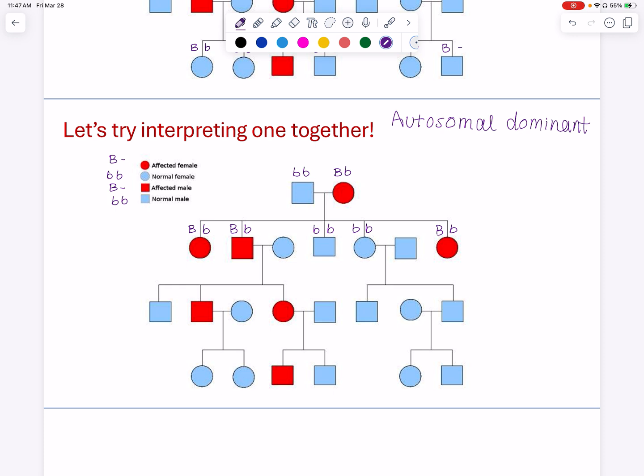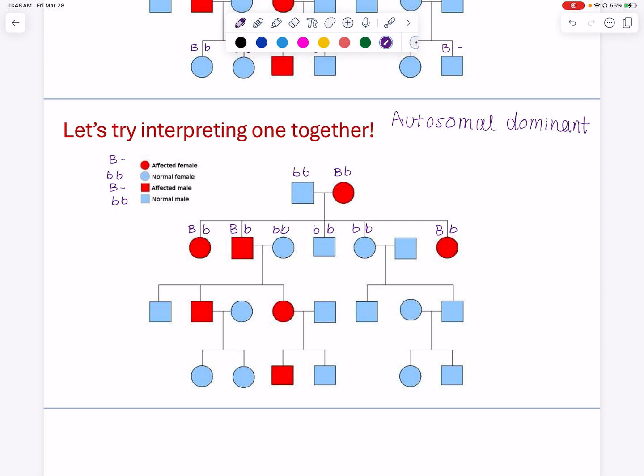Starting from the left-hand side, we see that this big B, little b mom, or sorry, dad, marries a homozygous recessive individual, because we know that they are unaffected, and that means that they must be recessive.